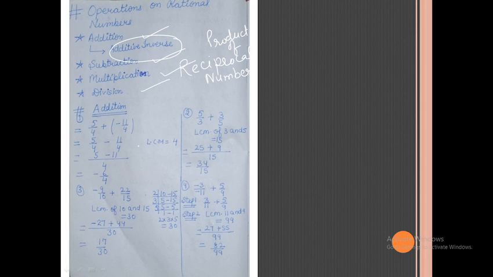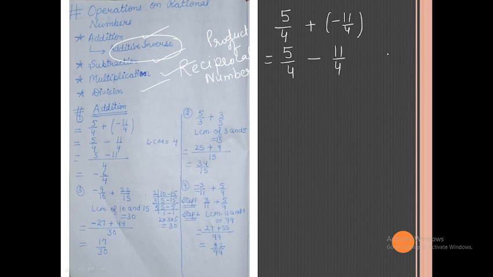Now first of all we take one example for addition, 5 by 4 plus minus 11 by 4. For solving this question, first of all the brackets are opened: 5 by 4 plus minus 11 by 4.